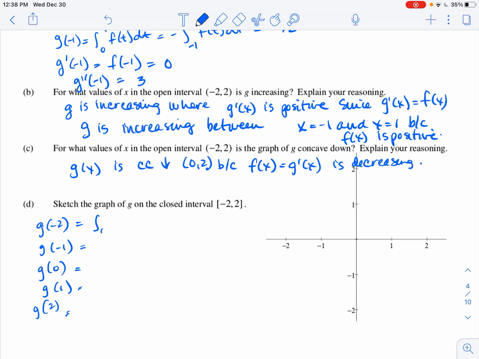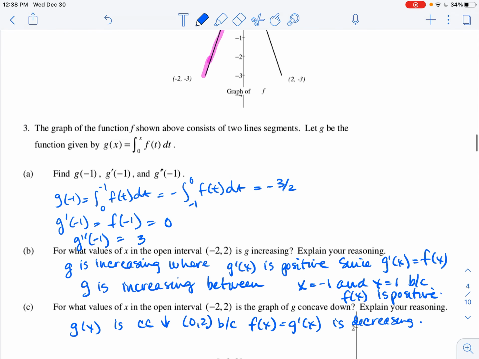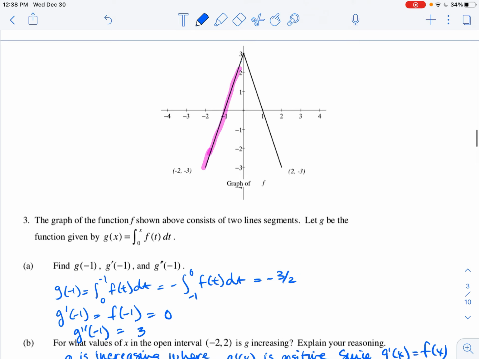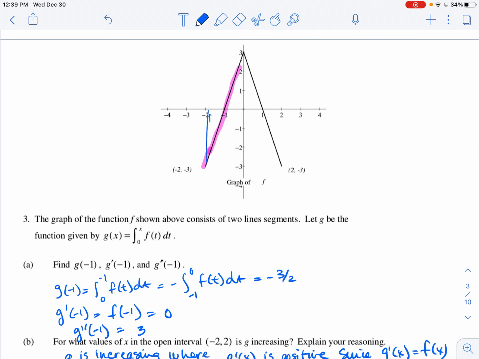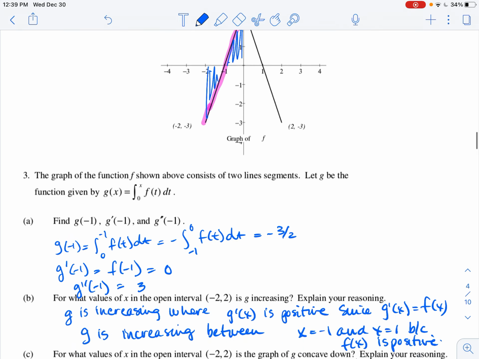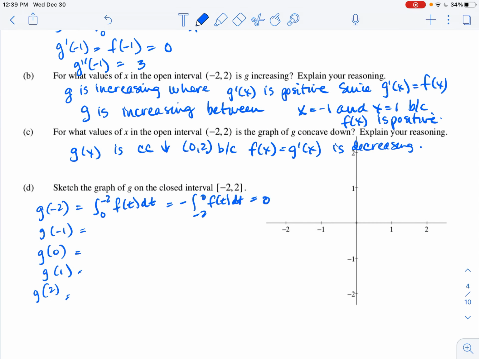This is the first one, the integral from 0 to -2 of f of t dt. Switch the boundaries and negate it. And from -2 to 0, those areas just cancel each other out, and so that's going to give me 0.